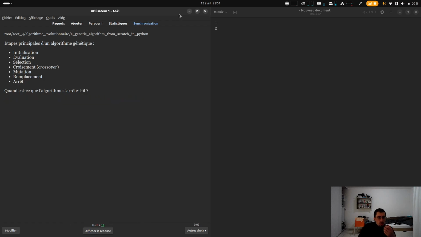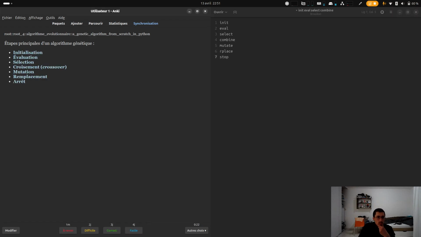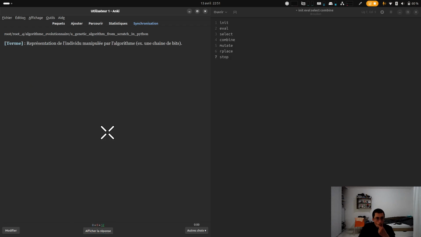When does this stop? When no more NFE. Okay, so you have init, before that you have eval, select, combine, mutate, replace and stop. Representation of individual manipulated by the algorithm, that's the genotype.